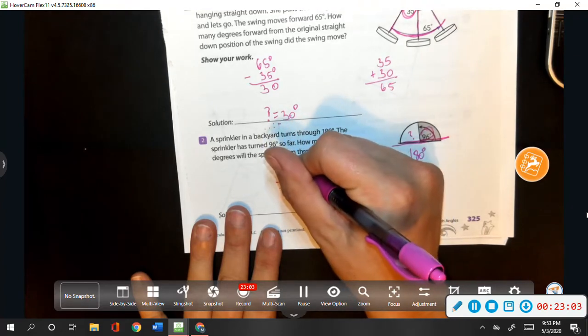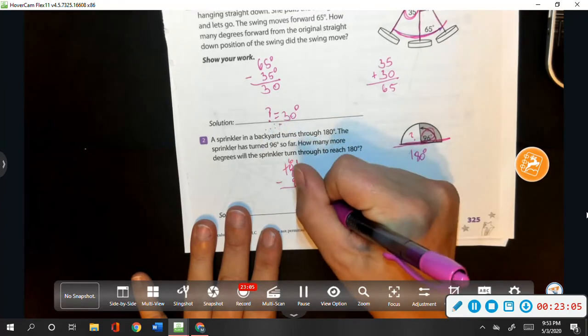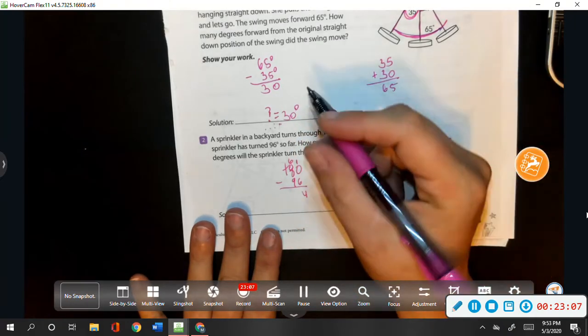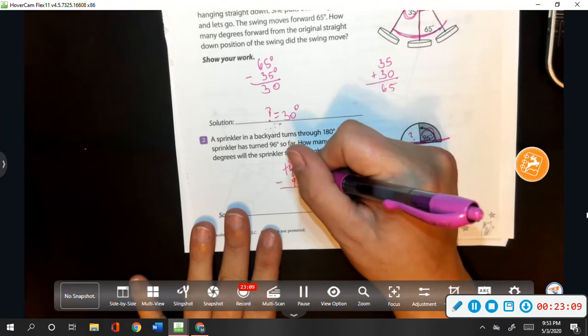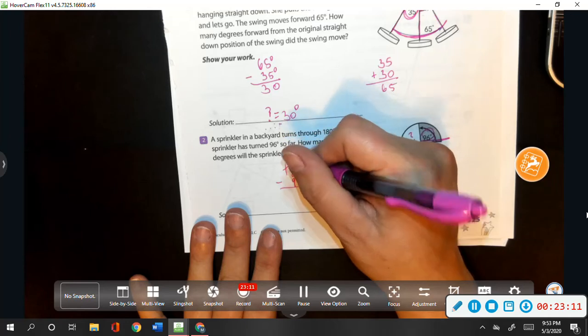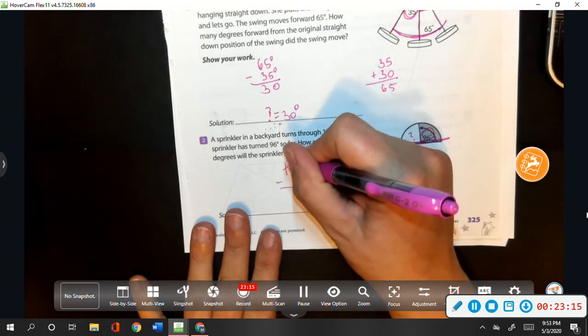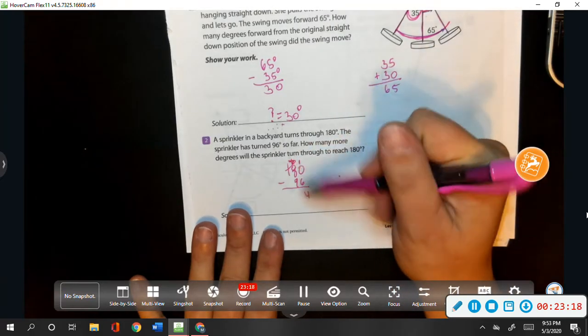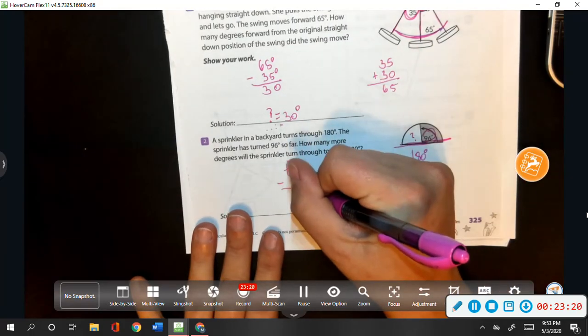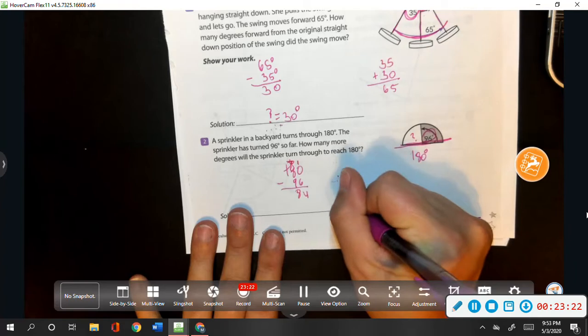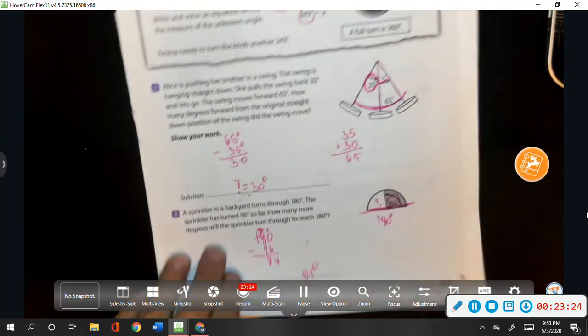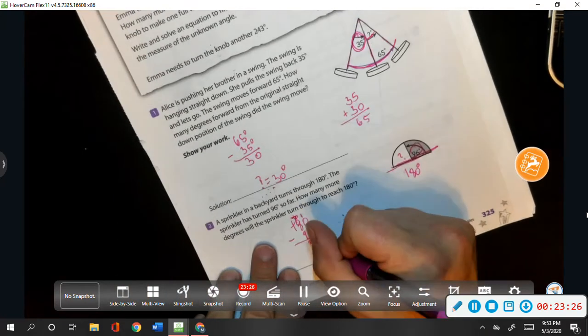So that becomes a 6 and a 10. Ooh, that didn't work. That would have been 17. Excuse me, I got this right. 17 minus 9 would be 8. So it would be an 84-degree angle is our unknown.